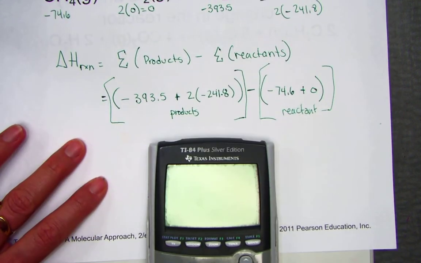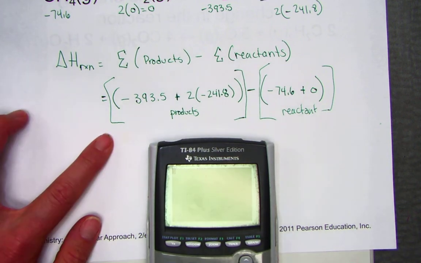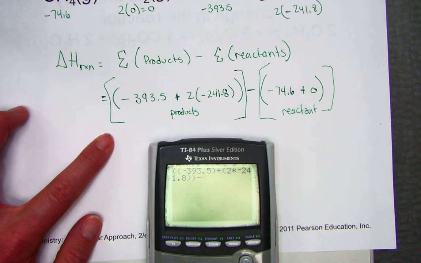All right, so first set of parentheses, negative 393.5 plus 2 times negative 241.8, close your parentheses, minus negative 74.6, equals.